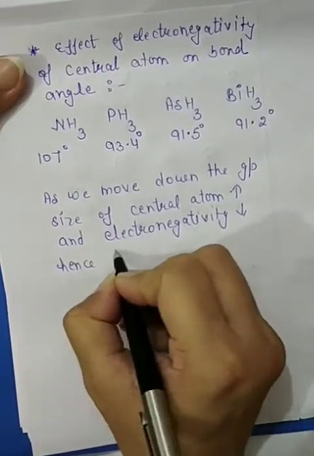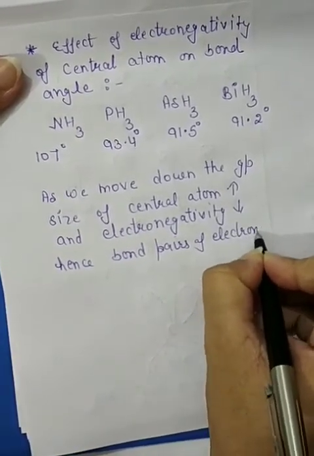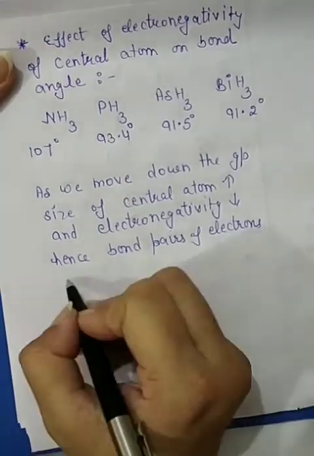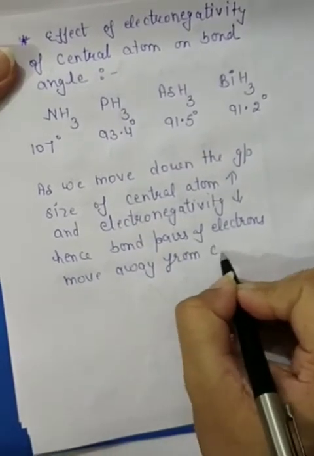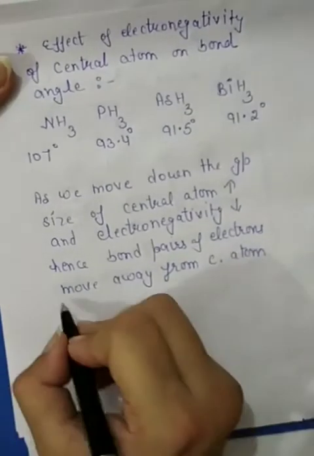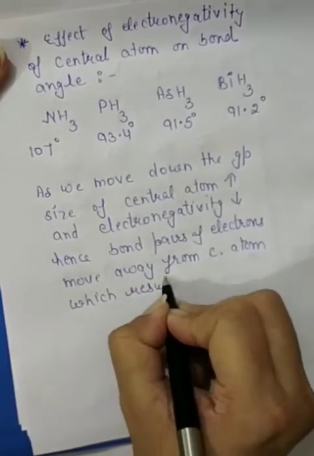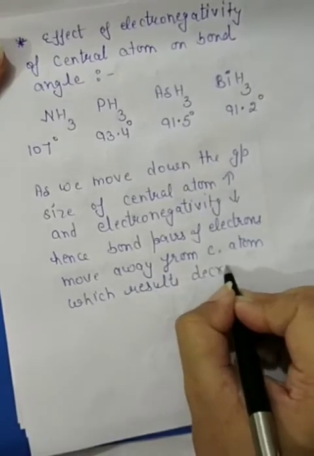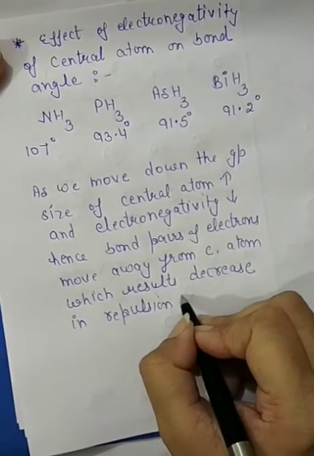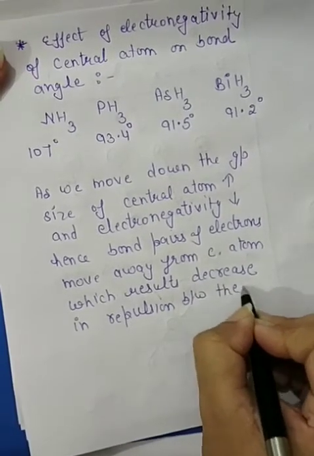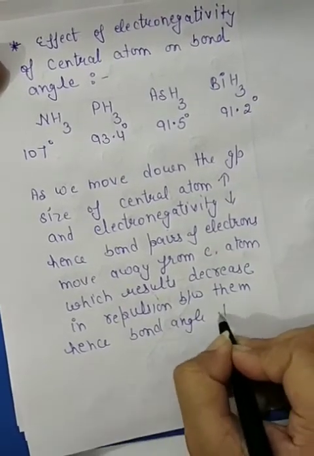Hence, the electrons of the bond pairs move away from the central atom, which results in a decrease in repulsion between them, hence the bond angle decreases.